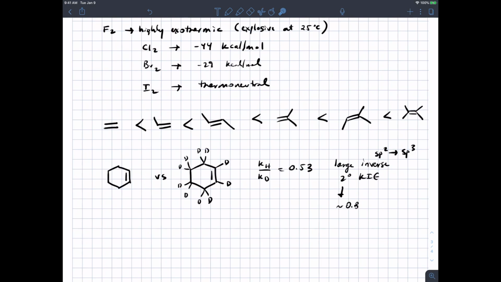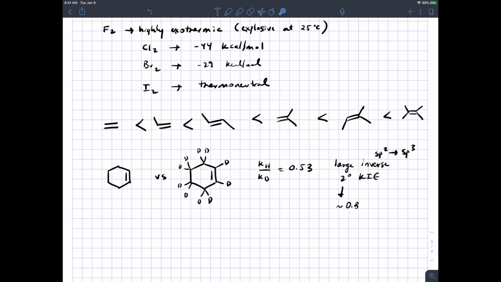So we said when going from sp3 to sp2, you want to talk about force constant changes. We mentioned that for sp3, the out-of-plane bend is sort of stiff. The out-of-plane bend for sp2 hybridized carbons is weaker, has a weaker force constant.